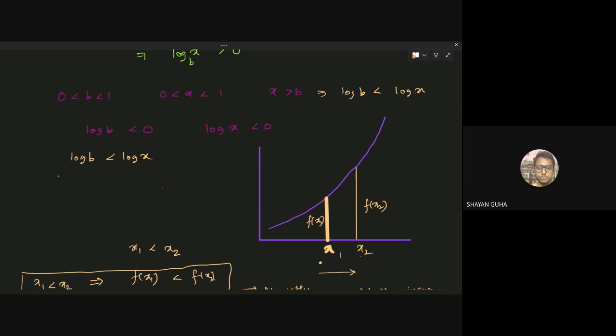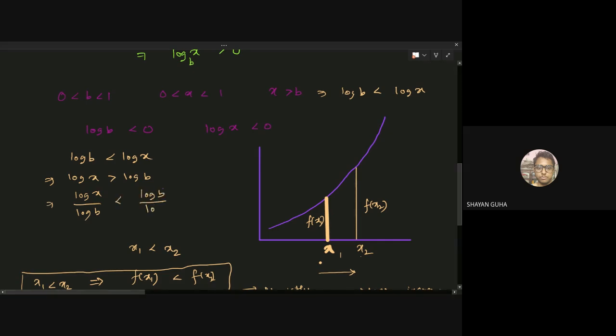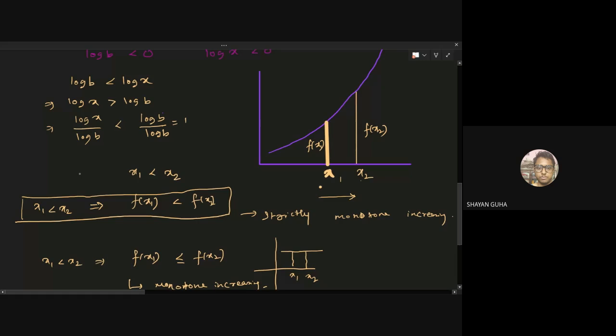So what I can do is write it in reverse order. That is, log x greater than log b. Now, if I divide both sides by log b, log x by log b, what will happen? My sign will change now. Log b by log b is nothing but 1. Why did my sign change? Because I am dividing, I am actually multiplying some number with a negative quantity.